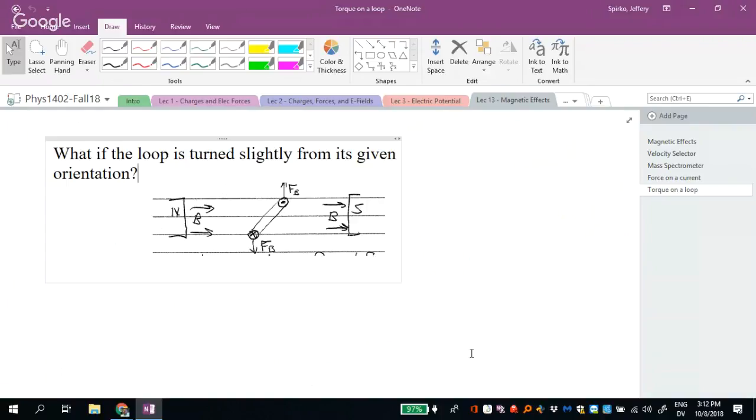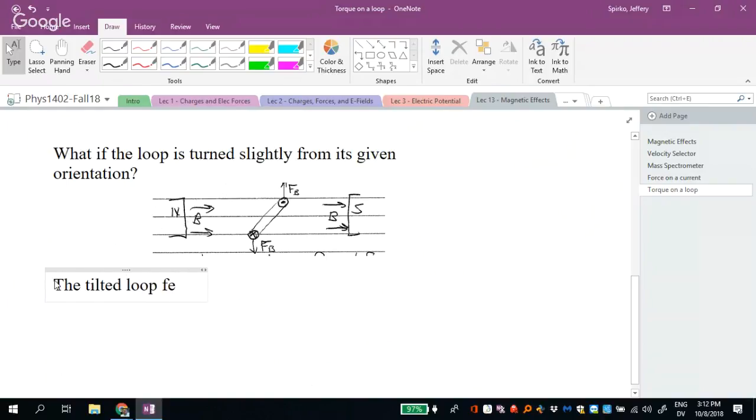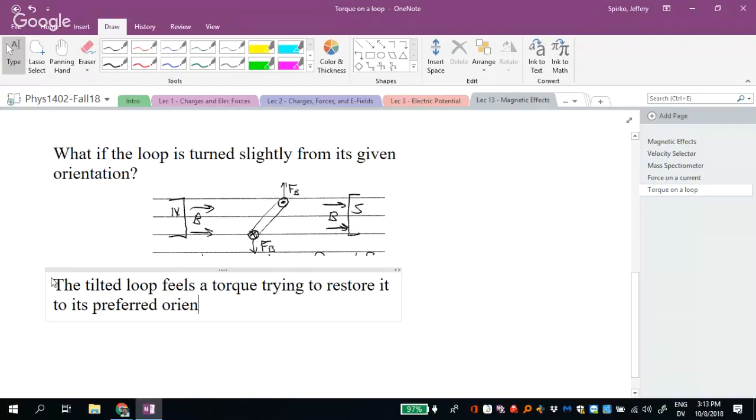So the tilted loop will try to go back to its previous orientation. So it feels a torque.